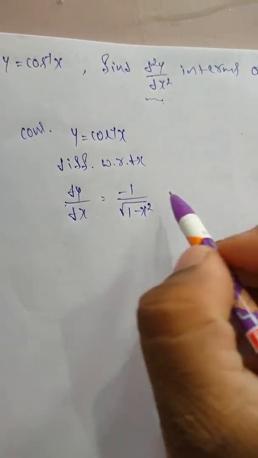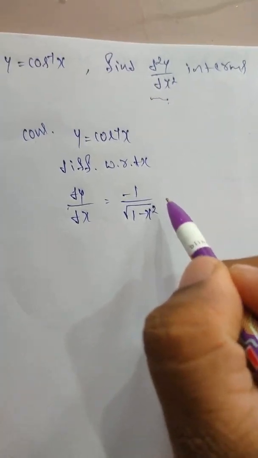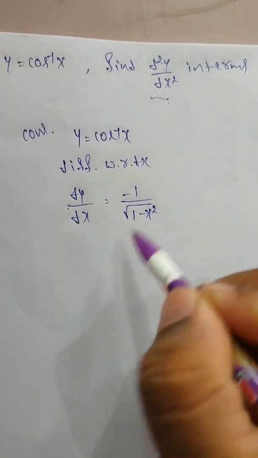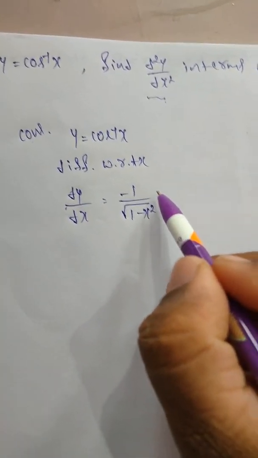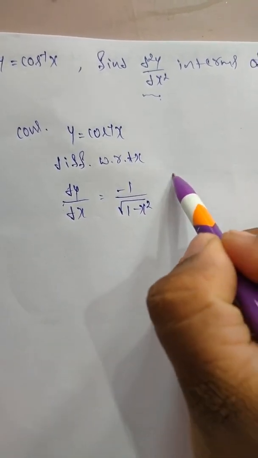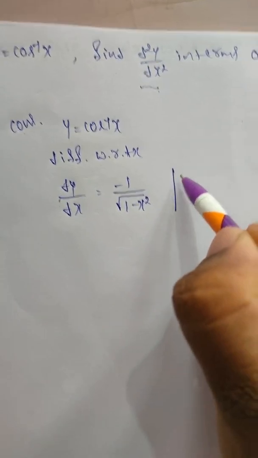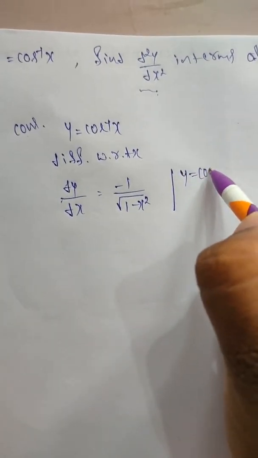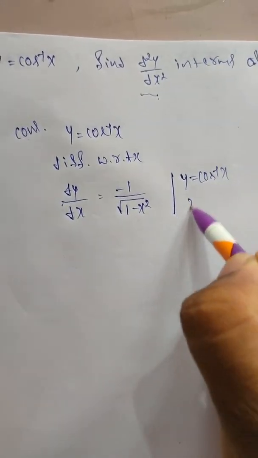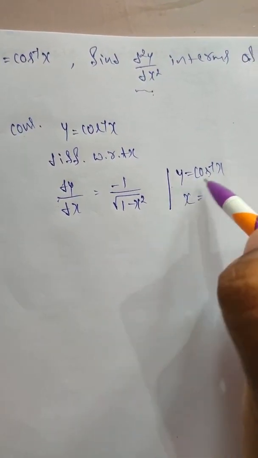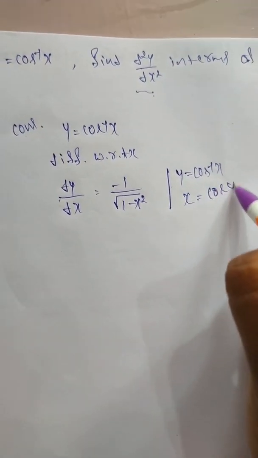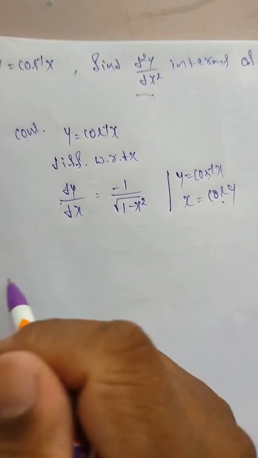Now, before differentiating the second time, I am substituting x here. I am writing the equation in the form of y here only. So y is equal to cos inverse x, so x is equal to, if the cos inverse comes to the left side, it becomes cos y. I am substituting cos y directly here.